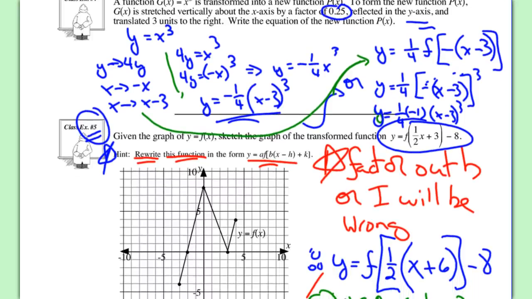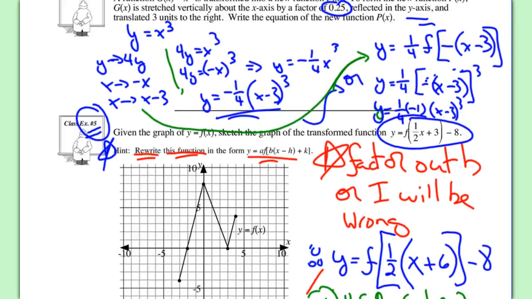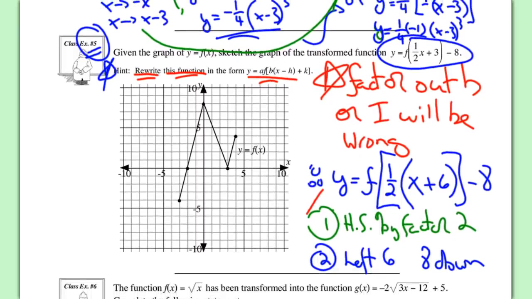But dividing out a half is like multiplying by 2. So you end up with y equals f at 1/2 x plus 6 minus 8. What does it do to that graph? It horizontally stretches it by a factor of 2, and then it goes left 6 and 8 down. So I would like you to carry that stretch out and come back and see whether you have it correct.